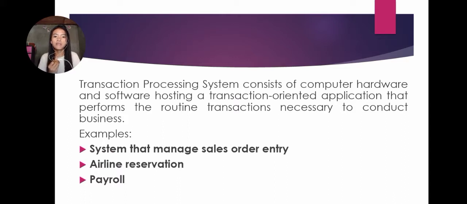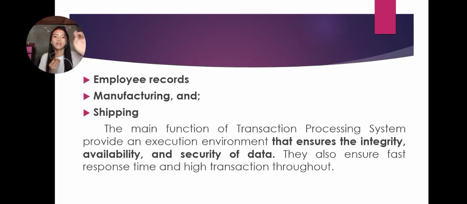Examples are systems that manage sales order entry, airline reservations, and payroll. It also handles employee records, manufacturing, and shipping. So what is the main function of the TPS, or transaction processing system?